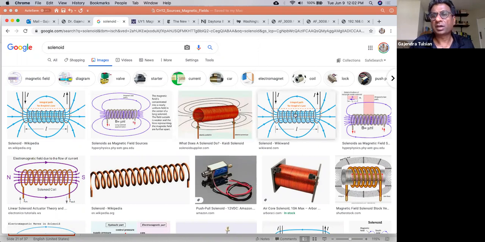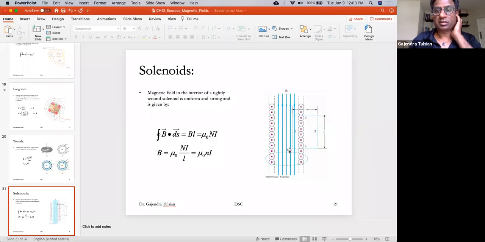In this diagram, you can see that the field is very strong inside and almost zero outside. If it were an infinitely long solenoid, the field inside is uniform and outside is zero. And this is a cross-sectional view of this. The blue lines are the magnetic field lines.